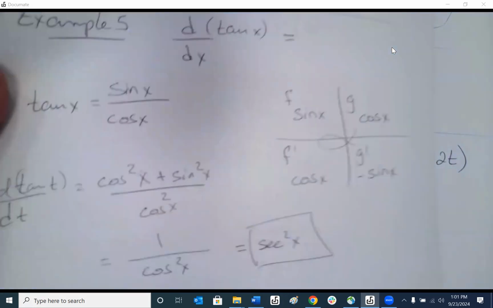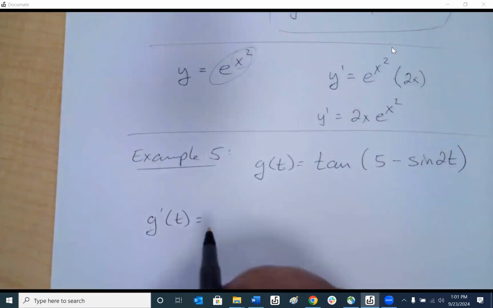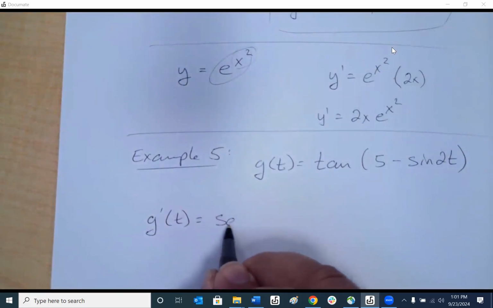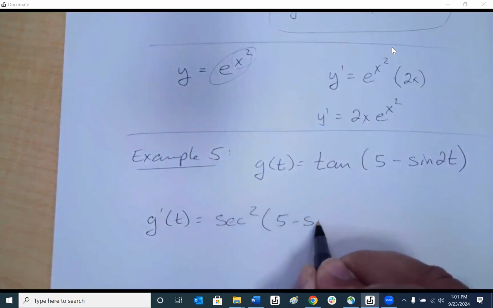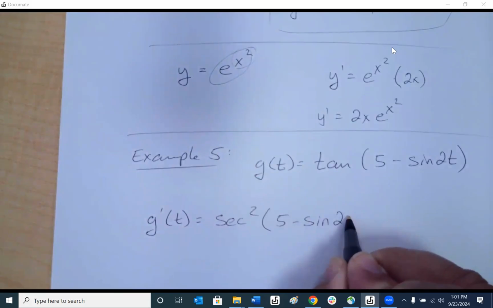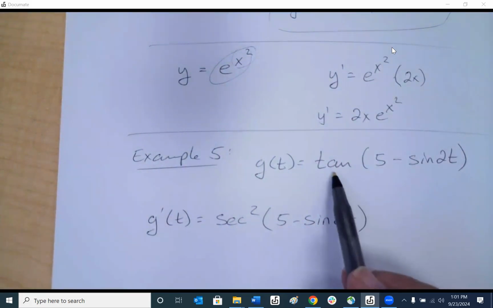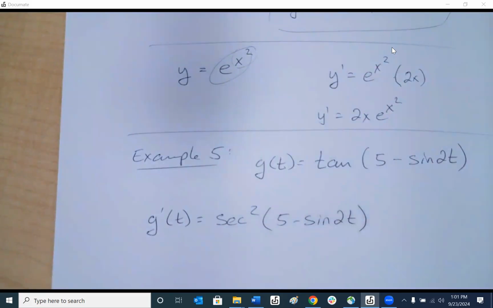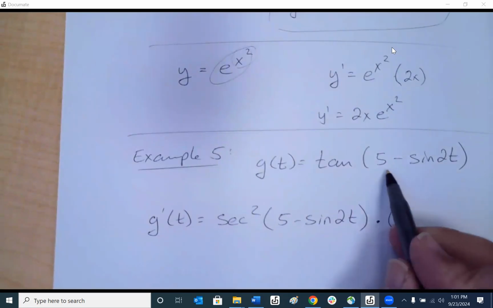Secant squared. Yeah, we did it earlier, example 5. It's secant squared. So it's secant squared of 5 minus sine 2t. So that's the outside. Now we have to take the derivative of the inside times the derivative of this side.